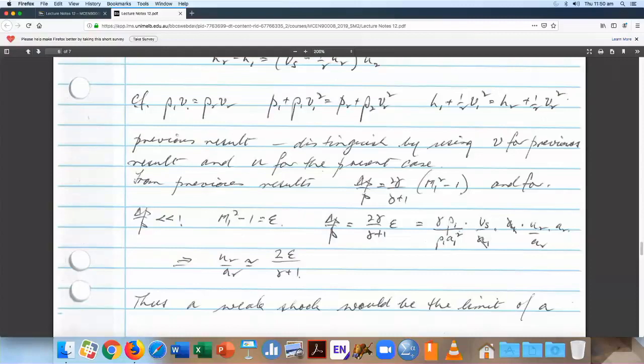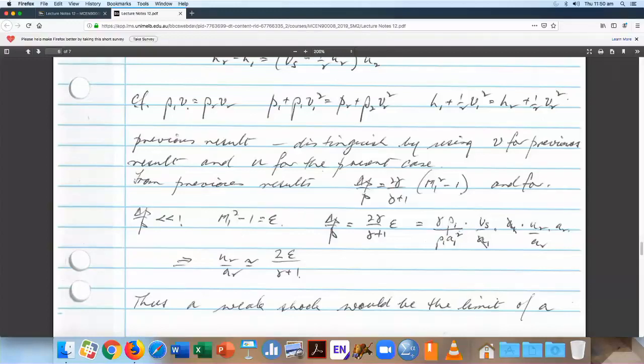I showed you that last time. M1 squared is equal to 1 plus epsilon, and epsilon's going to 0. So delta P over P is 2 gamma over gamma plus 1 times epsilon. So the pressure rise is very small, and I can change this delta P, and I can change the P to gamma P, dividing by P.